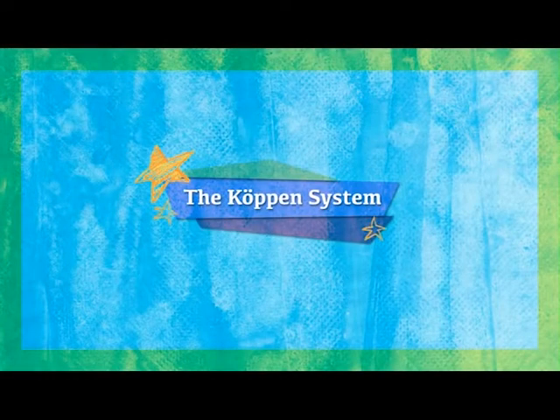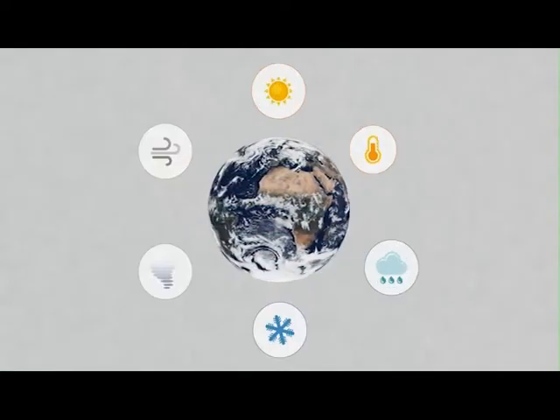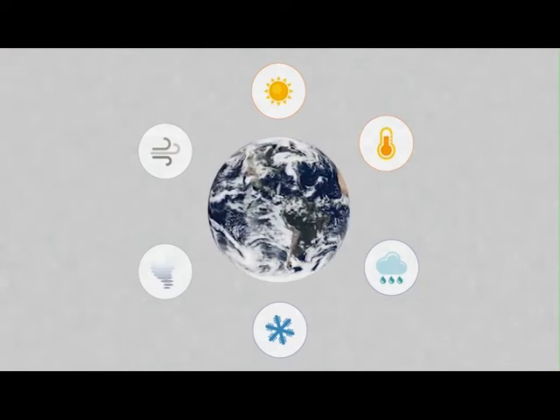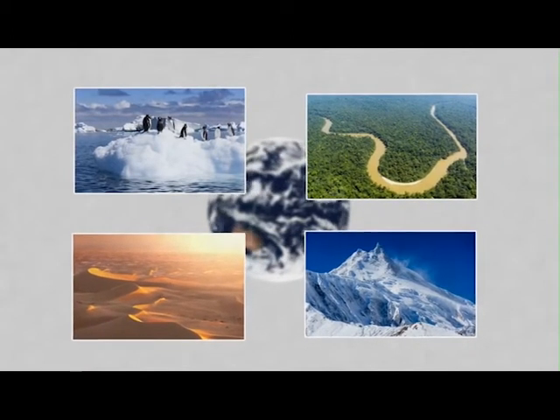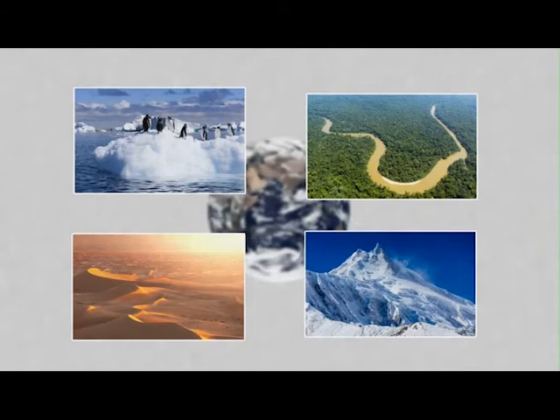The Koppen system. The climate differs depending on where you are and when you are there. Since no two places are exactly alike, no two places share the exact same climate.